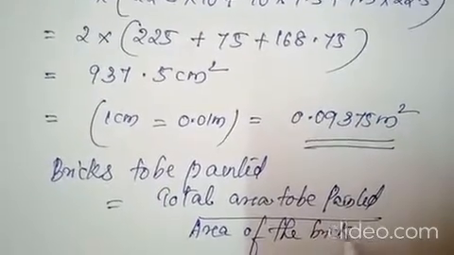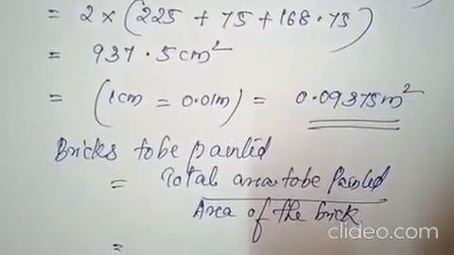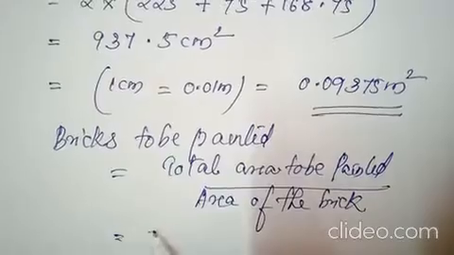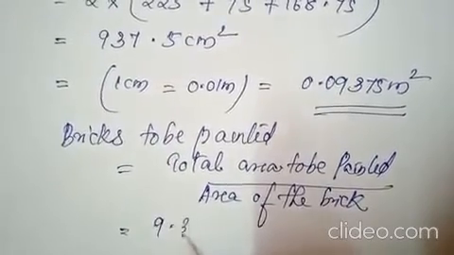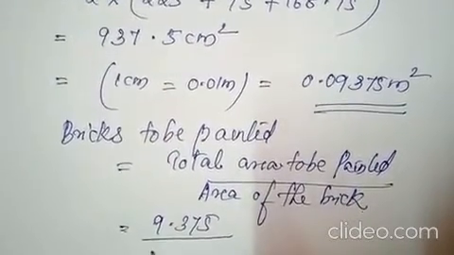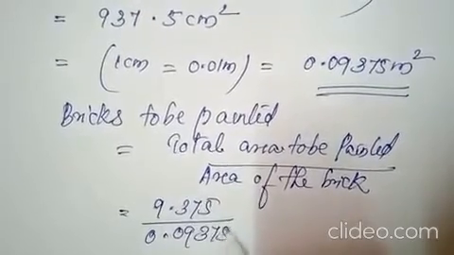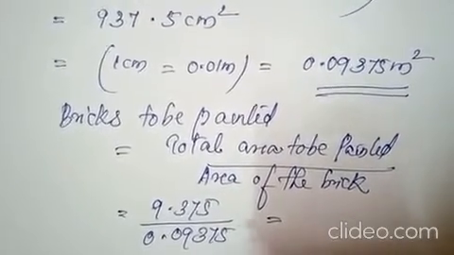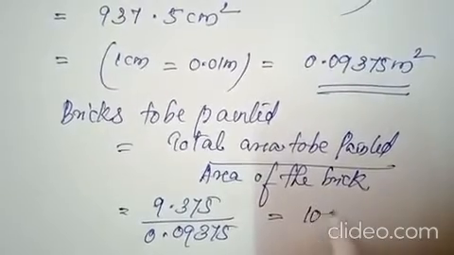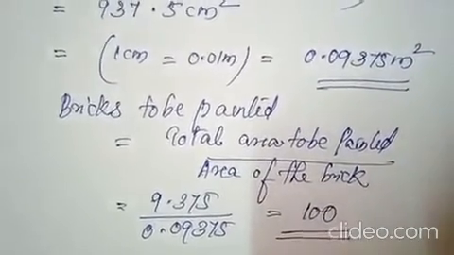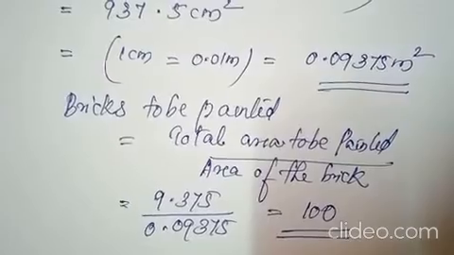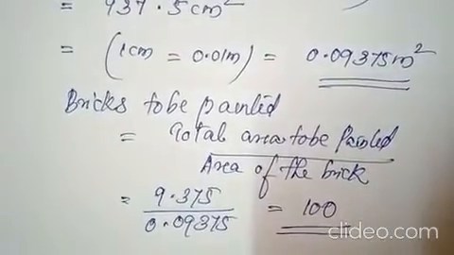Total area to be painted divided by the area of the brick. That is, we got 9.375 divided by 0.09375. After this one we will divide, you will get the answer 100. So 100 bricks can be painted. Got it?